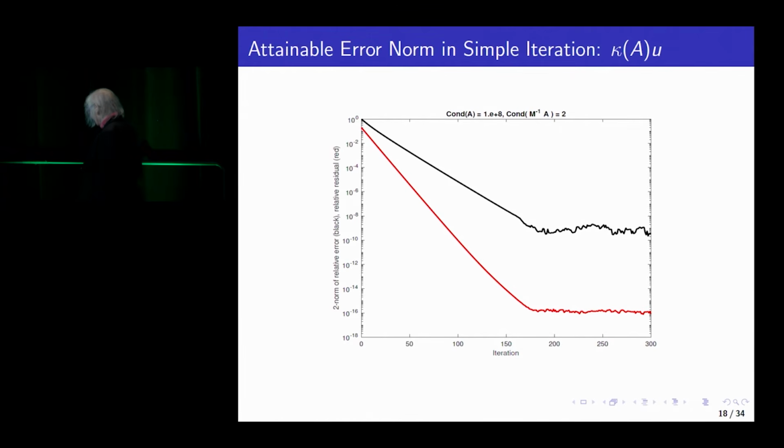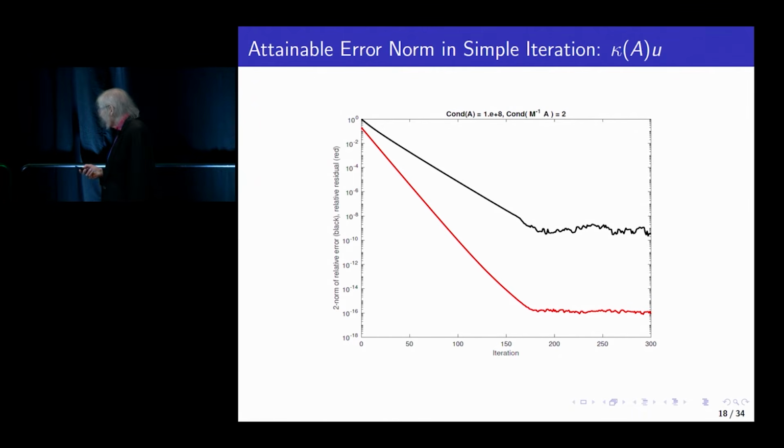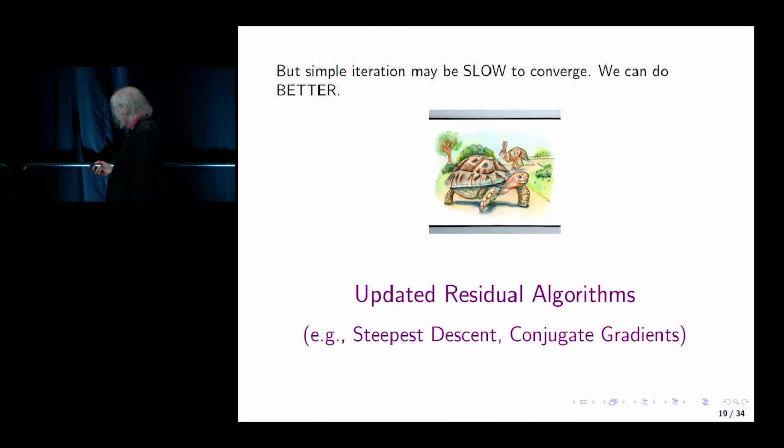The black curve shows the 2-norm of the relative error not landing at 10 to the minus 16 or 2 times 10 to the minus 16, but at 10 to the 8 times 10 to the minus 16. Okay, well, that's it for simple iteration.